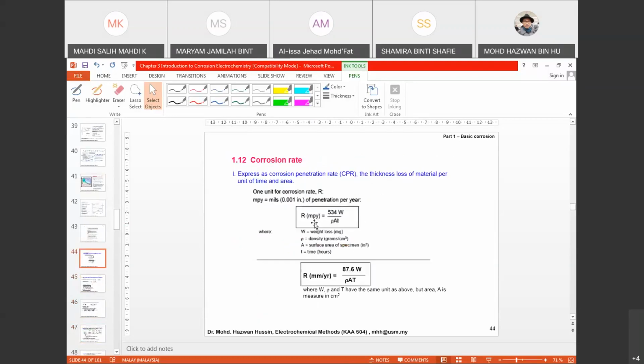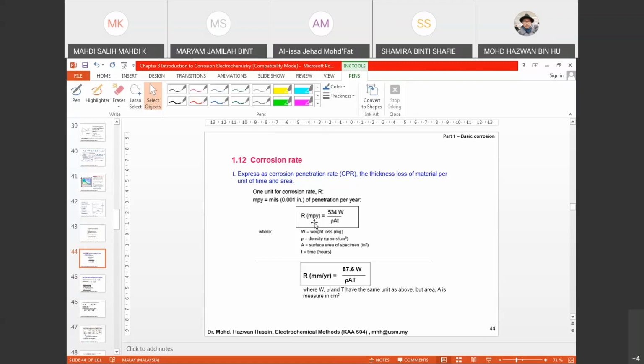Okay, so the other thing that is interesting in corrosion is that we can actually evaluate the rate of reaction. The corrosion rate is always an important measure to know whether the environment or the materials experience severe corrosion, moderate corrosion, or less corrosion.